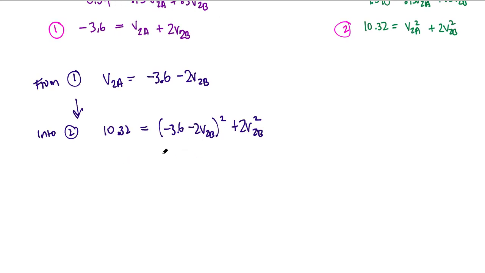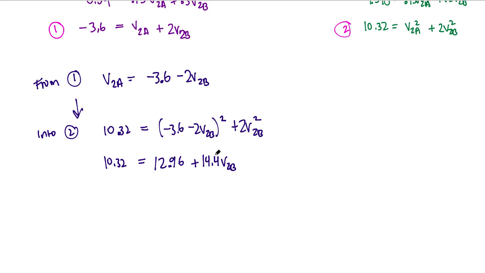From here I need to expand my squared binomial, and I will get 3.6 times 3.6, which will be a positive 12.96. Then first and last will be 2 times 3.6 plus 2 times 3.6, so that will be plus 14.4 V2B.